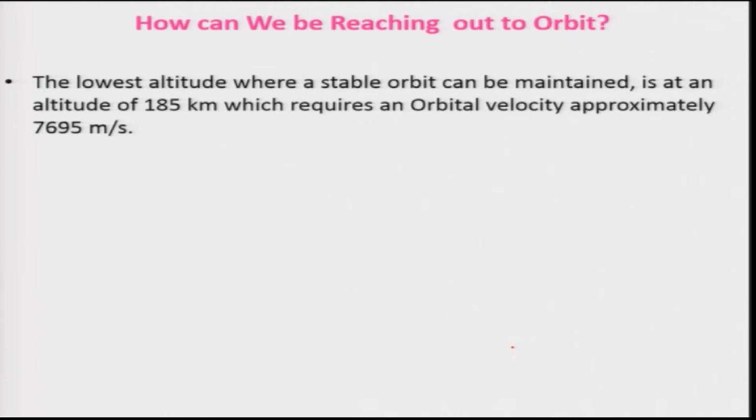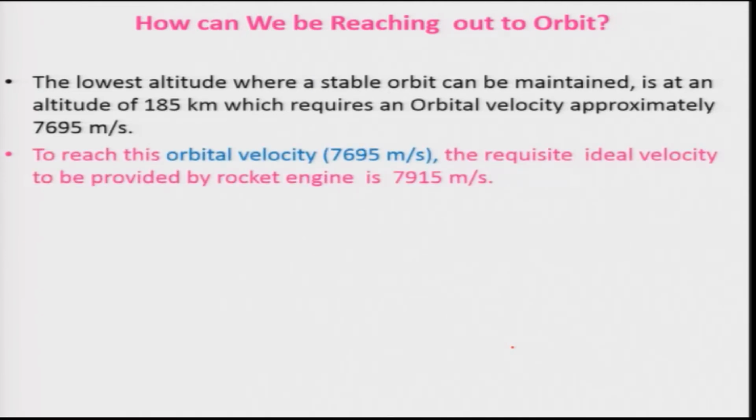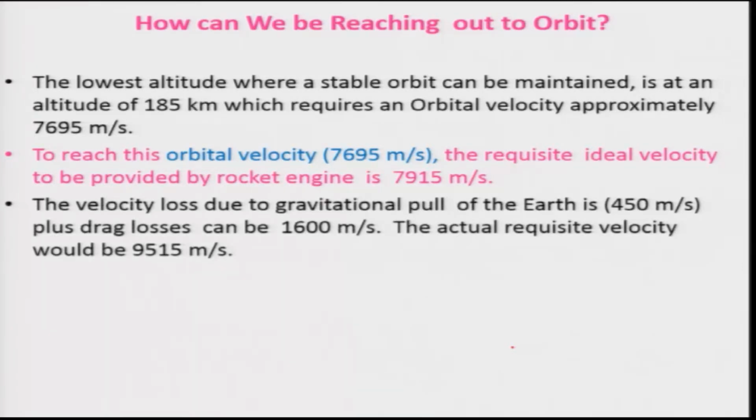And to reach this orbital velocity, the requisite ideal velocity to be provided by the rocket engine is 7,915 meter per second. Here we are not considering other effects like drag. The velocity loss due to gravitational pull of the earth is around 450 meter per second, plus the drag losses can be 1600 meter per second. Then the actual requisite velocity would be around 9515 meter per second.